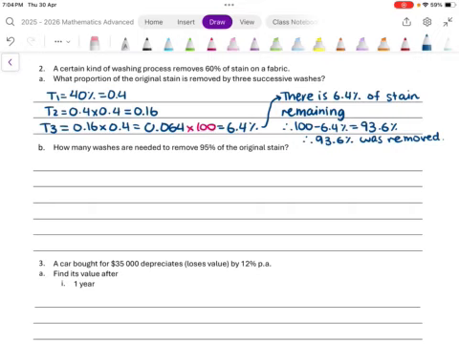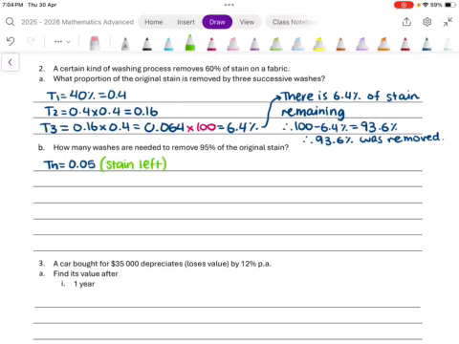So now we want to work out how many washes are needed to remove 95% of the original stain. So what we need to work out is how much stain is left, and that is our Tn that we're dealing with, and it is our 0.05, and that is how much stain is left.